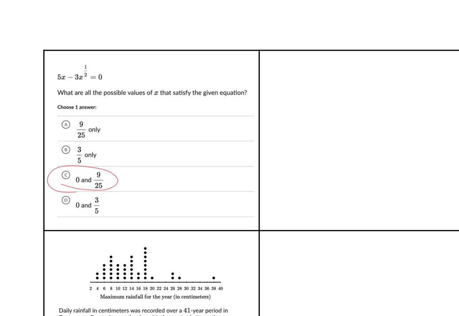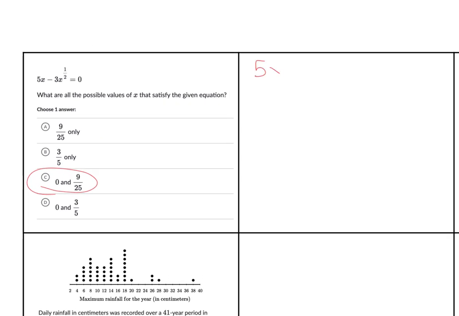If we were to solve this by hand, what I would do is I would add 3x to the 1/2, and then I would divide by x to the 1/2. That means 5 times x to the 1/2. Now I just simplified that. That's x to the first over x to the 1/2. So that's x to the 1 minus 1/2 equals x to the 1/2.